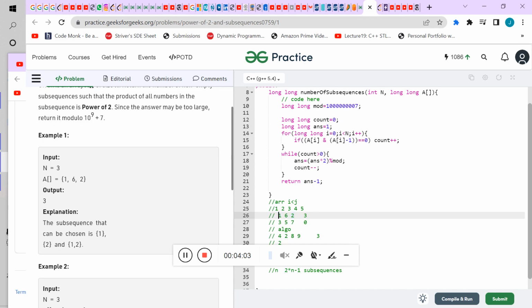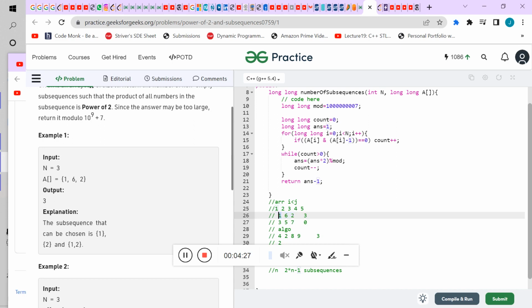Now it may be possible that 1 and 6 may form a subsequence, or 6 and 2, and 1, 6, 2 all together. So let me check: if I take 1 and 6, the product is 6 and this is not a power of 2, so I neglect it. Now 6 and 2, its product is 12, it is not a power of 2, so I will neglect it.